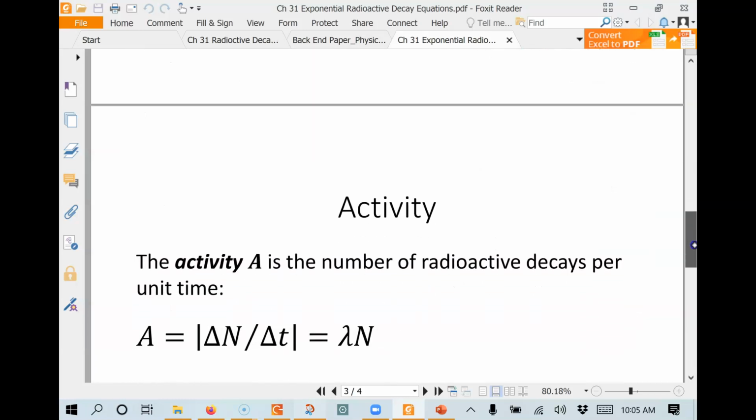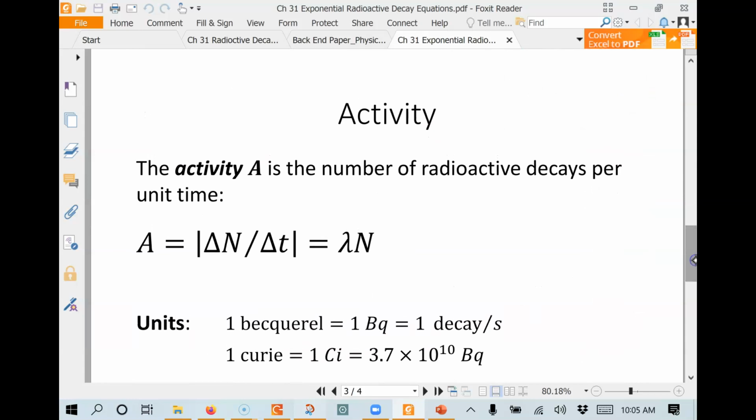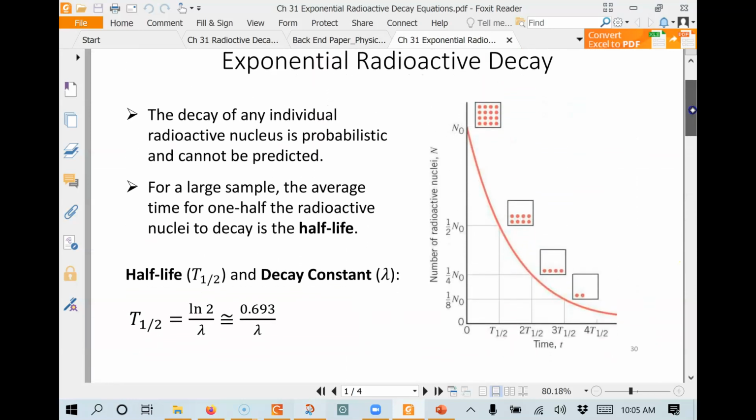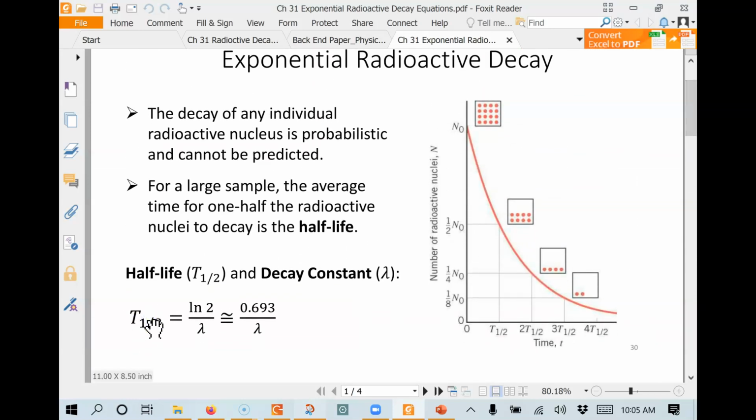Another equation for activity: at any moment in time, the activity is given by lambda times the number of nuclei, and lambda is what we call the decay constant. It is related to the half-life. The half-life T1/2 is equal to natural log 2 divided by the decay constant. So we can use that equation here.